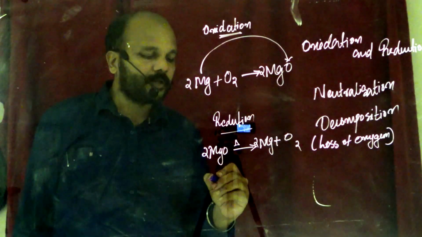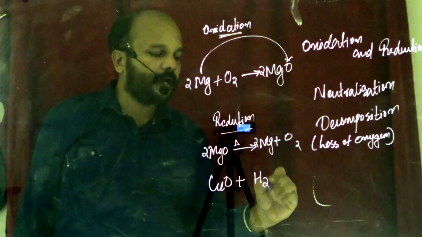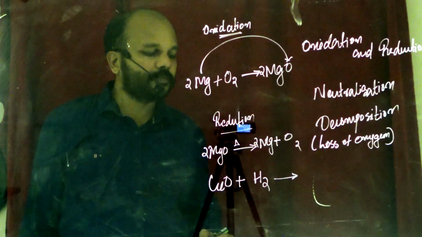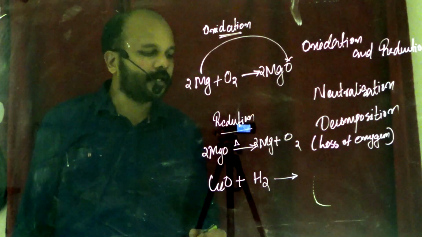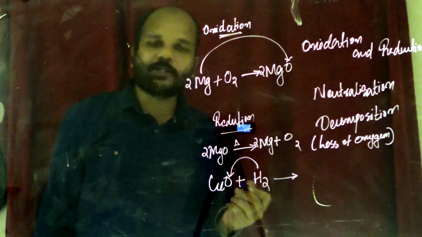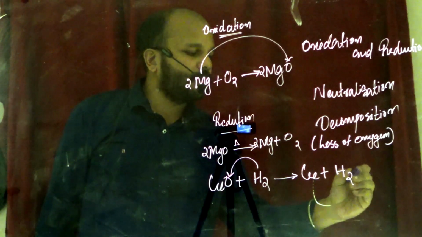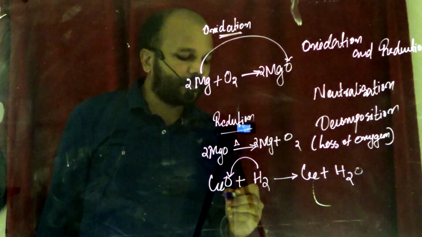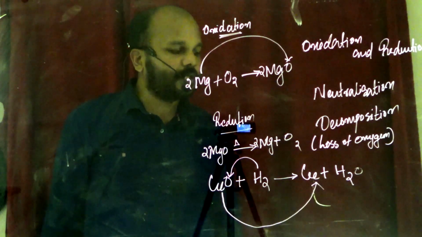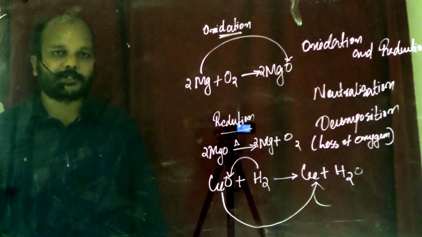For example, take copper oxide and suppose H2, hydrogen, is passing over it. When it reacts, the hydrogen takes up the oxygen, and this is going to be copper plus H2O. Here the copper oxide has lost oxygen and copper has formed. So this is going to be a reduction reaction.